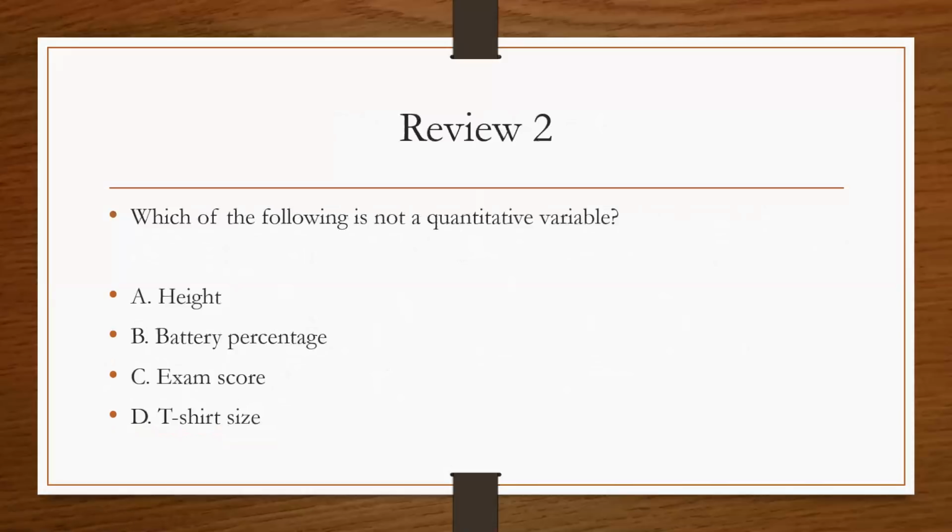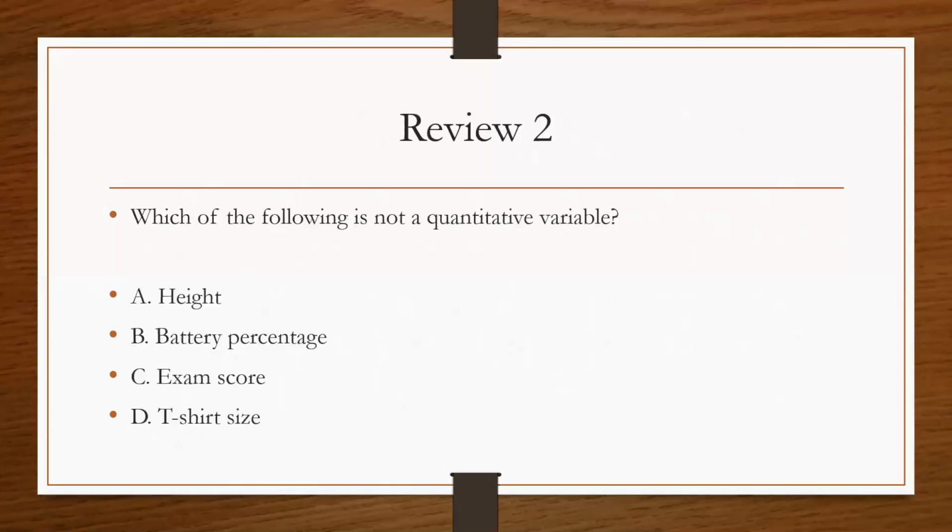Is it height, battery percentage, exam score, or T-shirt size? I'll give you guys another little bit of time to answer. In hindsight, I will say I probably should have made the answer a little bit different from the first one.